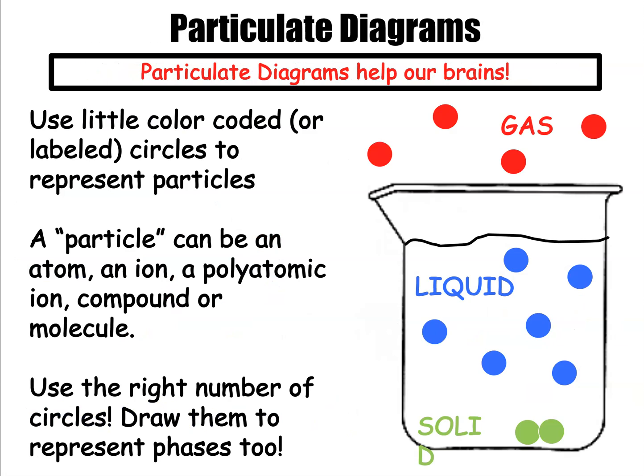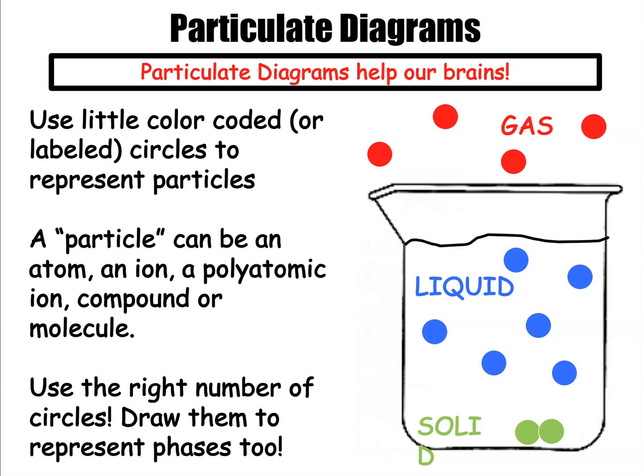Okay. All right, so this is another way of, I guess, looking at what's going on. They're called particulate diagrams, and we can use color-coded circles, if you will, to represent particles. We know that gases tend to be floating on the top, liquids tend to be moving around in your beaker, and solids kind of hang out at the bottom.